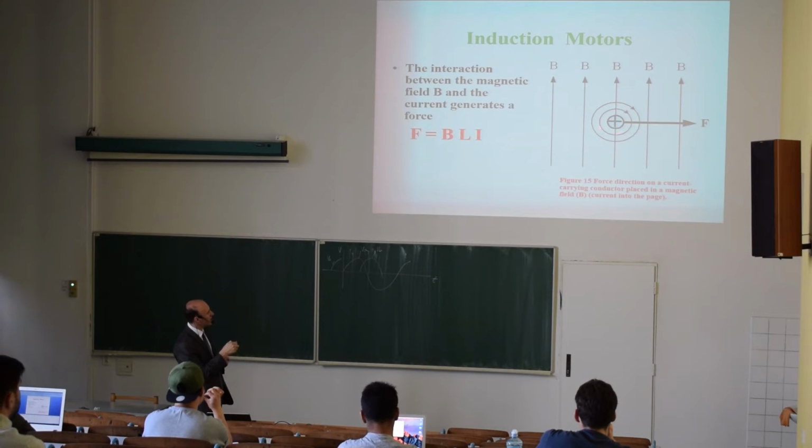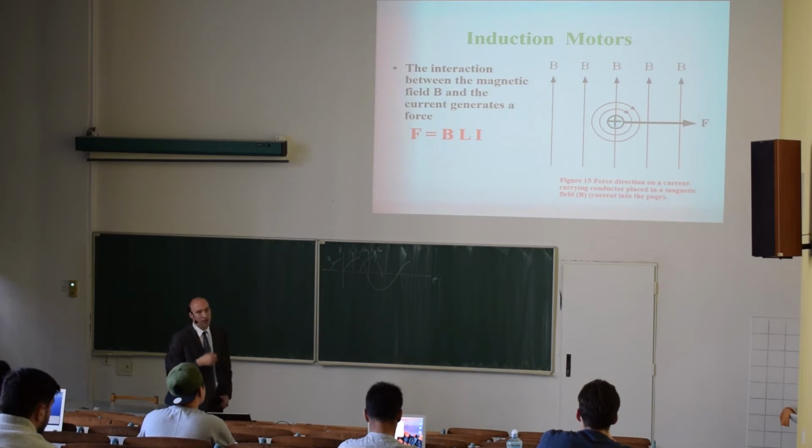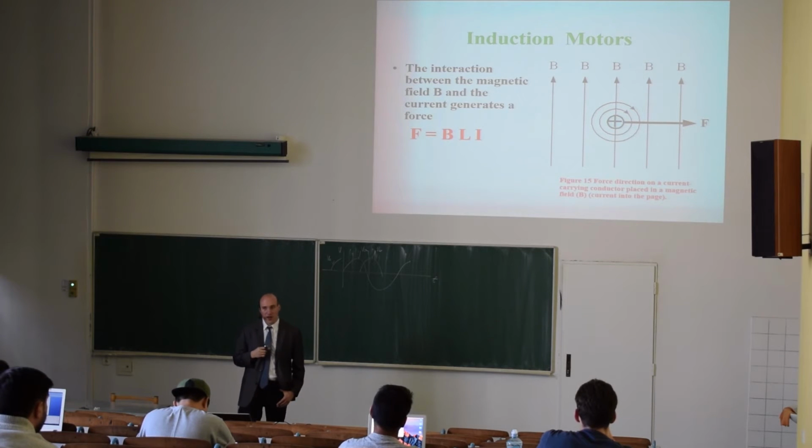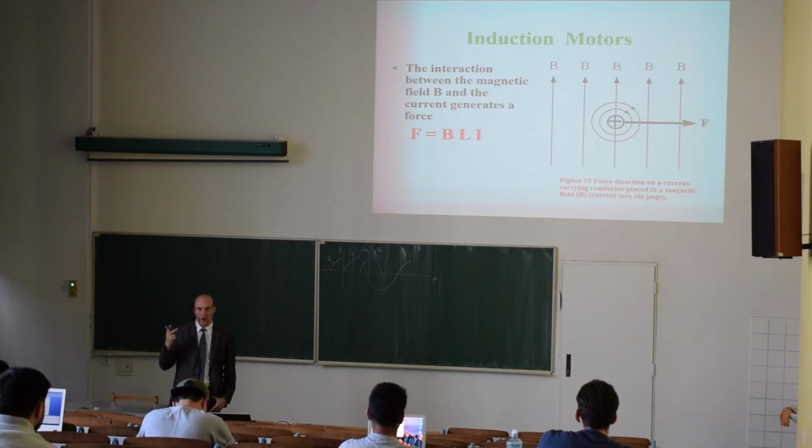This is the rotor bar where we have the current flowing in, and the force that is being created between the wire and the magnetic field is given by this equation. So the force that I create will depend on the current, will depend on the length, and will depend on the strength of the magnetic field.